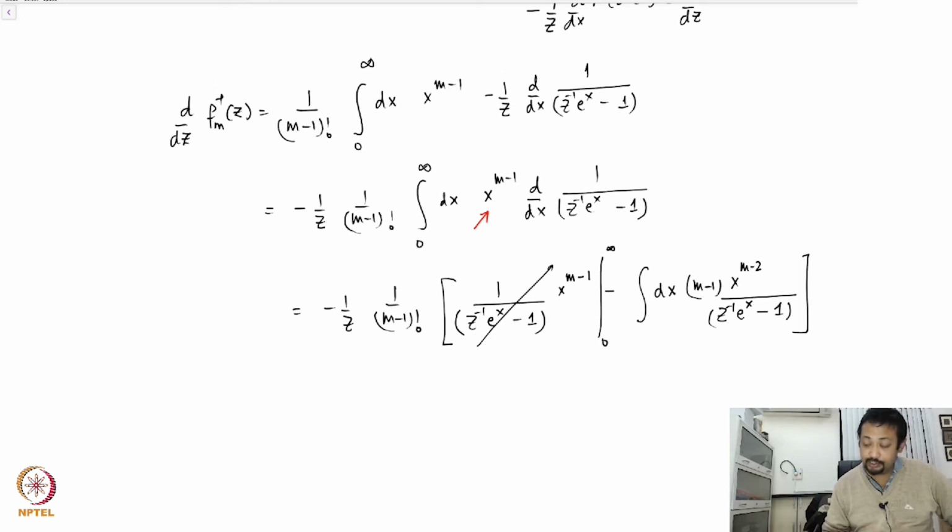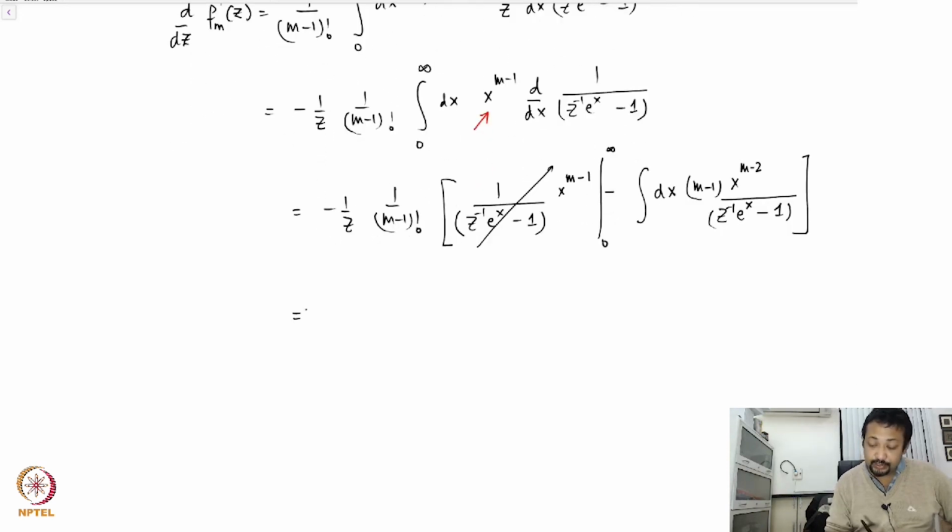This one vanishes in both the limits, so that I have 1 by z, this minus and this minus makes it a plus, (m − 1) factorial, integral 0 to infinity.